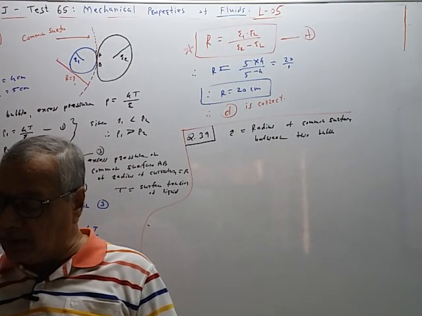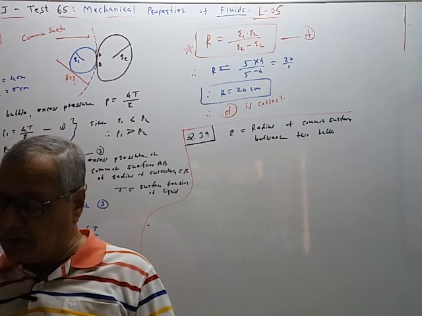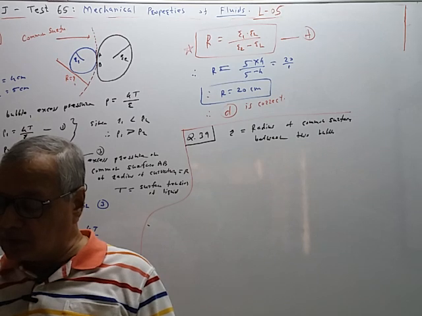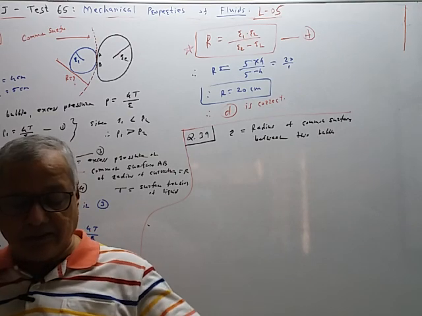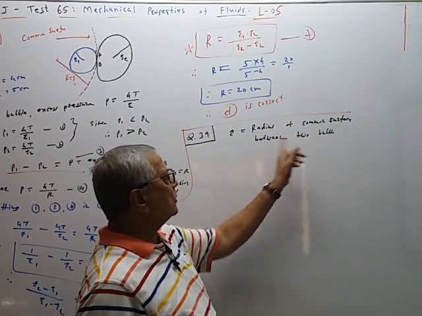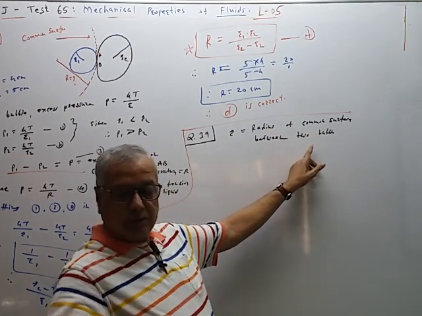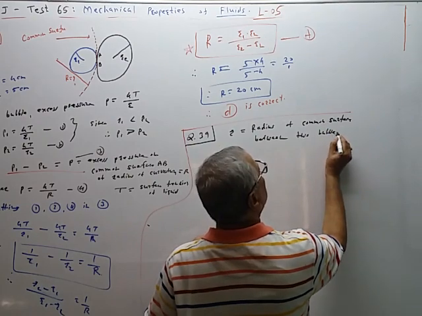A soap bubble A of radius 0.03 meter and another soap bubble B of radius 0.04 meter are brought together so that the combined bubble has a common surface of radius R. The value of R is? So, let R be the radius of the common surface between the two bubbles.